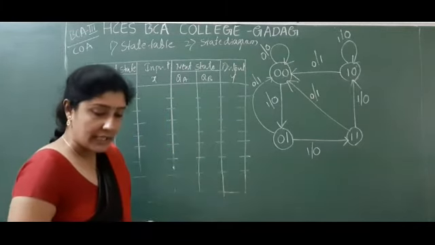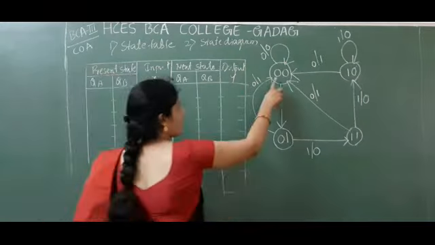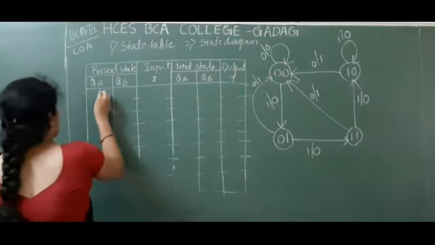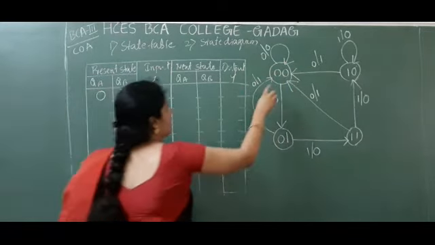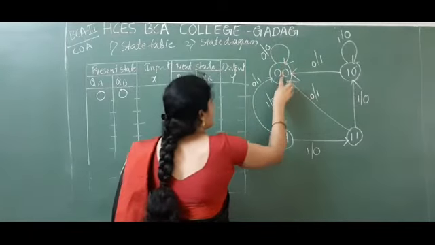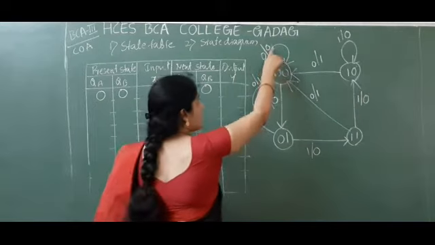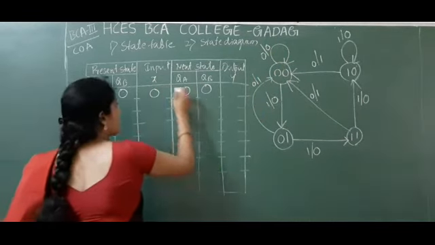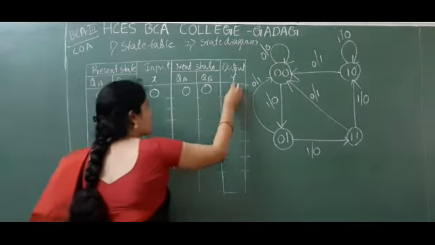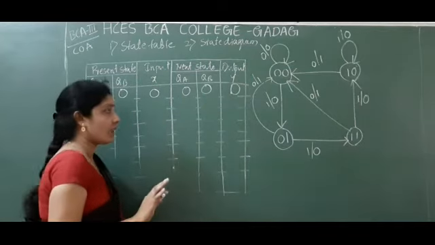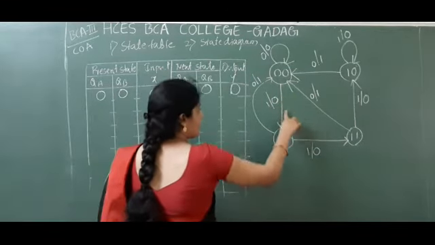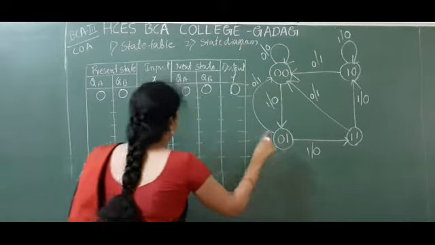See, you start from 0 0. Present state 0 0. Then next state 0 0. What is the input? 0. What is the output? 0. Input 0, output 0. Okay. Next. Again one more is there. 0 0 to 0 1.